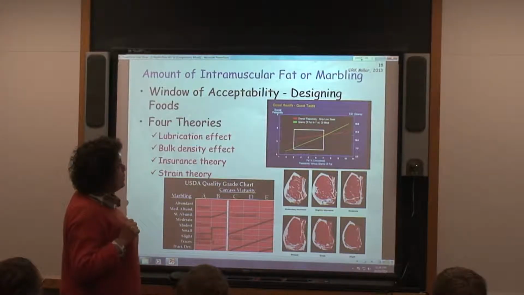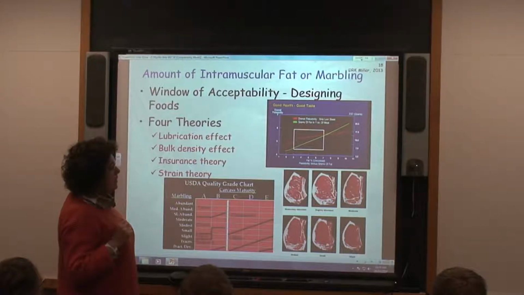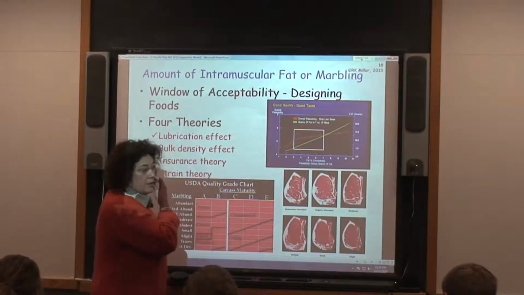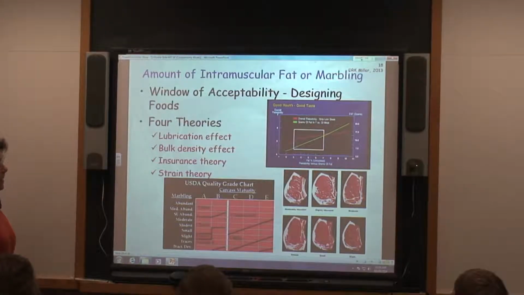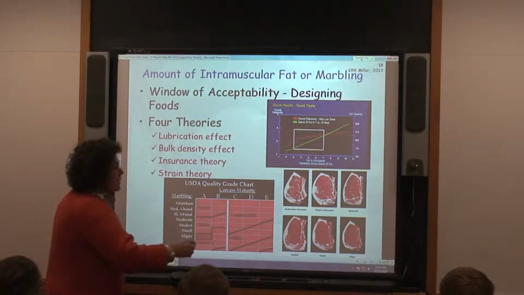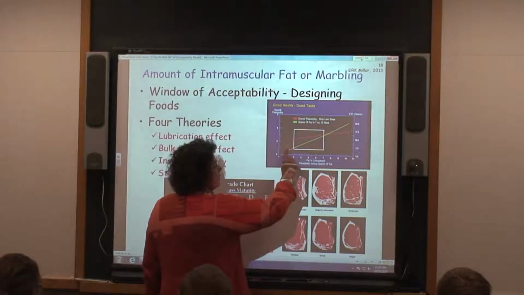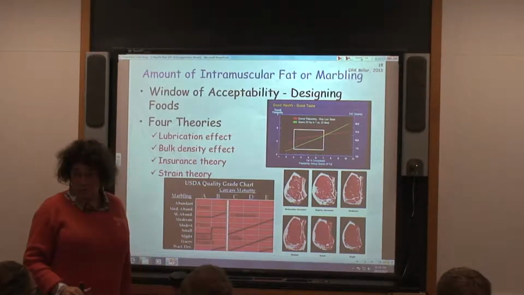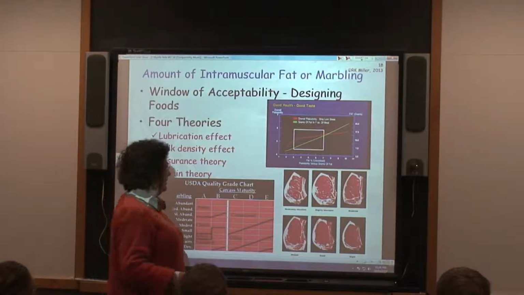Well, what about overall palatability from a strip loin steak as measured using consumers or a trained panel? What we see is that as we increase chemical fat just a little bit, so I'm hoping I have this in a mode where I can draw on it. I tried.